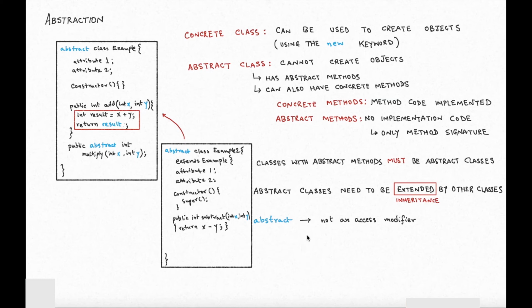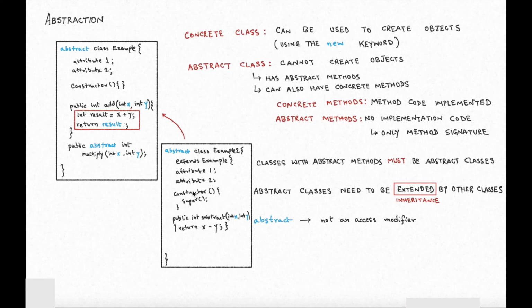The concept is, if a class inherits from its parent and that parent is an abstract class, then the subclass, the child class, must implement the abstract methods of its parent class. It must override the abstract methods of its parent class.